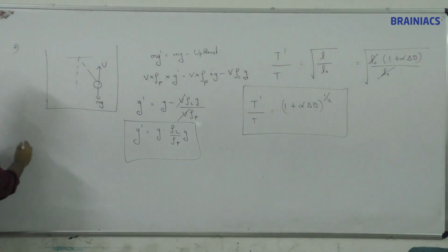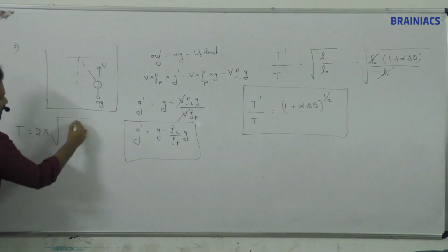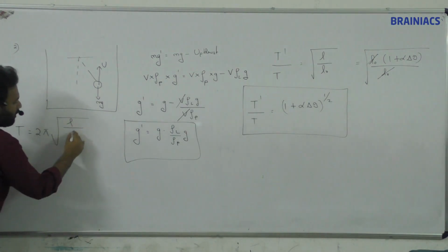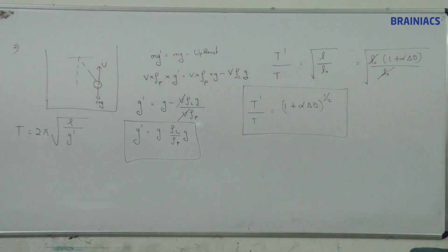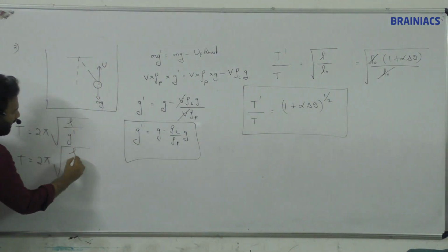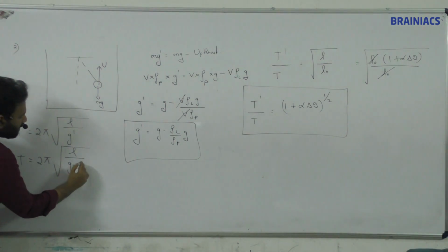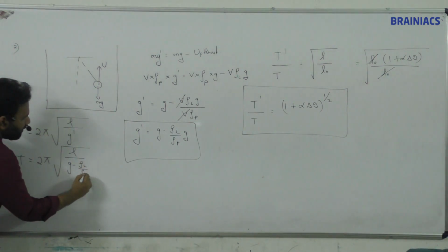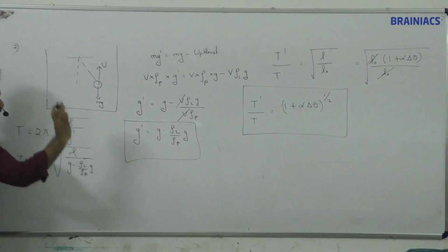Now we will put this in the general equation. T is equal to 2 pi into root of L by g dash. We can put T is equal to 2 pi into root of L by g into (1 minus ratio of density of liquid to density of pendulum).